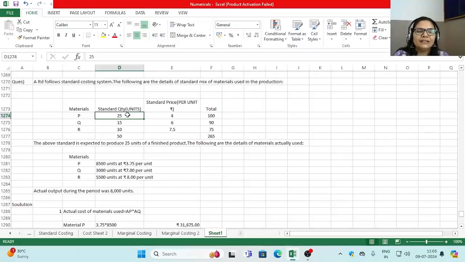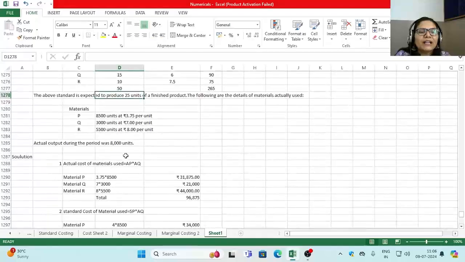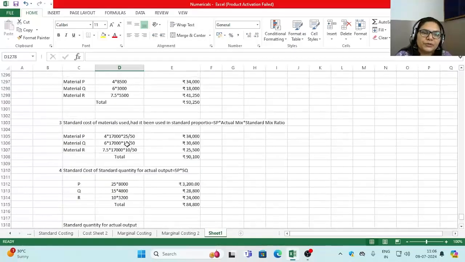We need to see how much of material P is standard when 25 units of a finished product are used, then how much of material Q, and how much R is used. And this standard quantity we will calculate for the actual output. We always calculate standard quantity for the actual output.